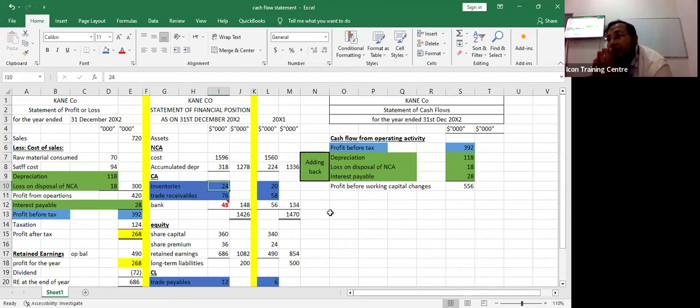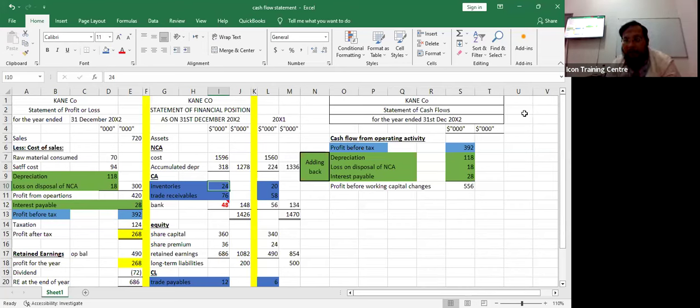Should I repeat? Listen carefully. Before that, inventory was 20, now it is 24. It means your inventory is increasing. So inventory is increasing because you must have purchased it. So when you purchase, you pay cash. Okay, cash out.